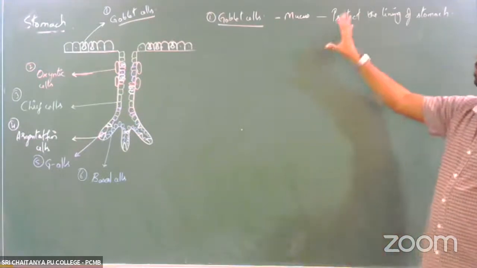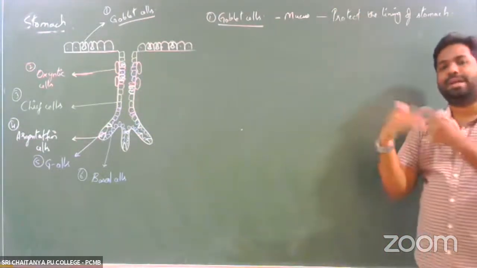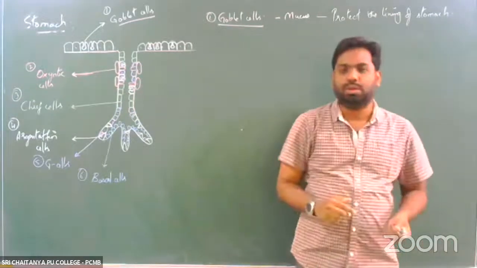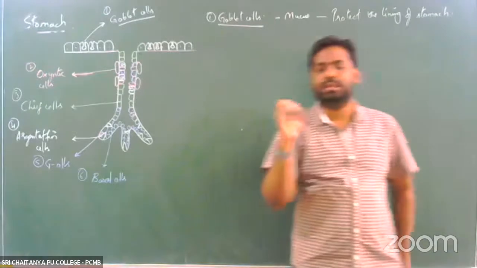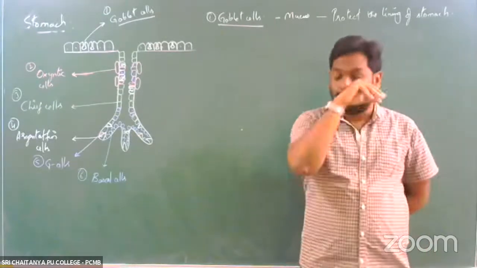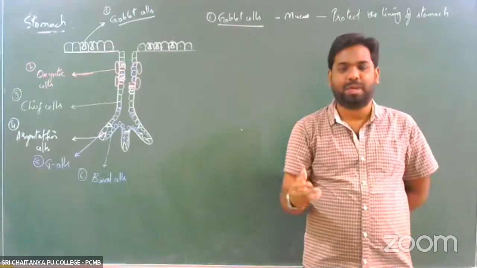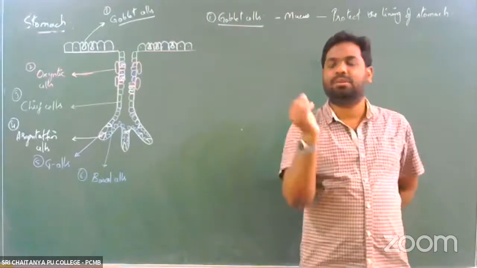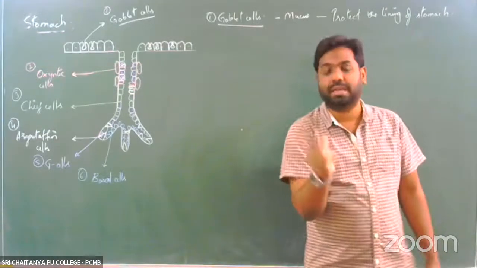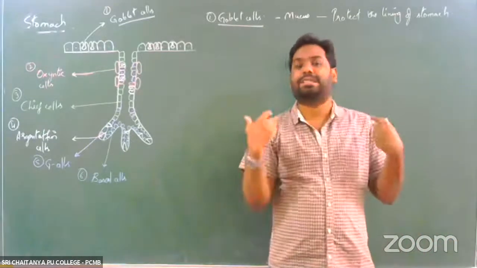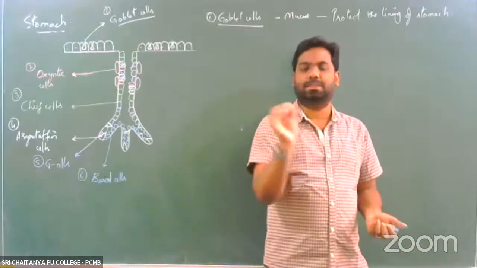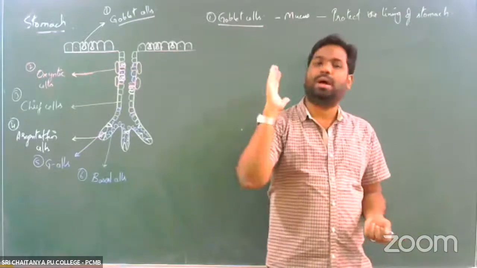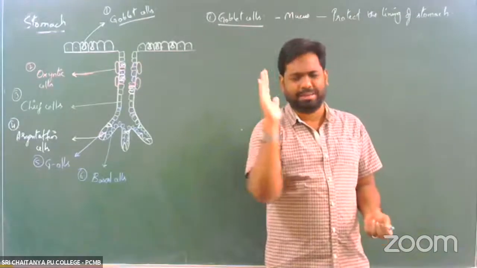Now, why exactly does the stomach lining have to be protected? Because we know that in the stomach there is highly concentrated hydrochloric acid being secreted. It is so concentrated that even if a single drop of concentrated HCl falls on our skin, our entire skin will burn. Highly acidic. The pH usually ranges from 1.2 to 1.8. So you can just imagine how highly acidic it is.